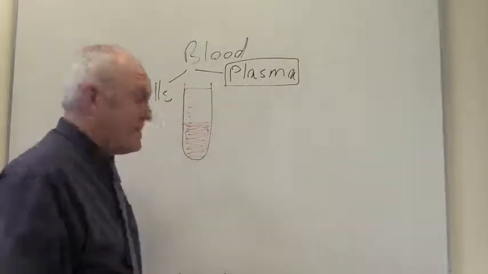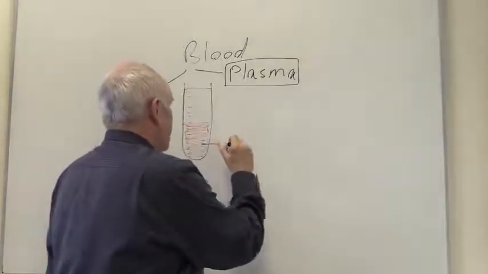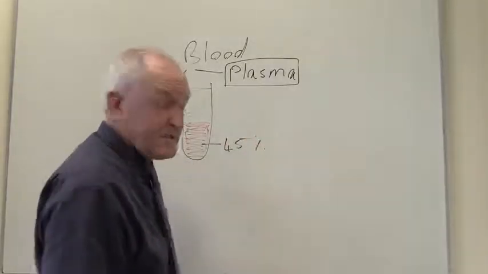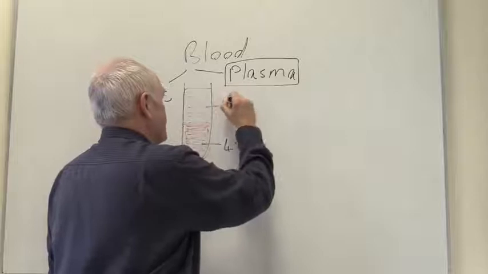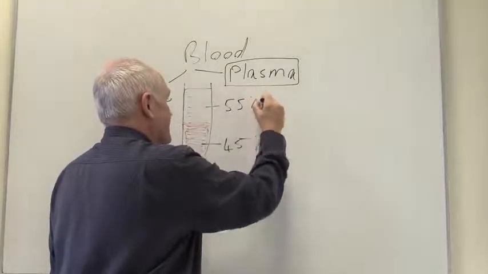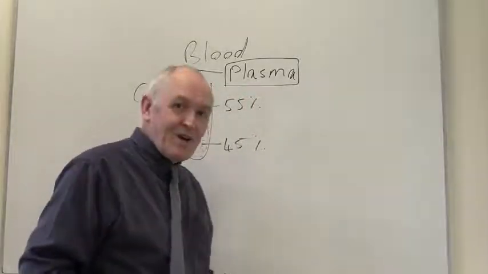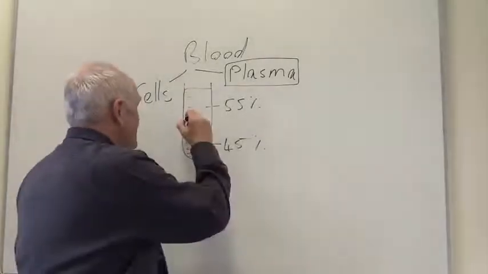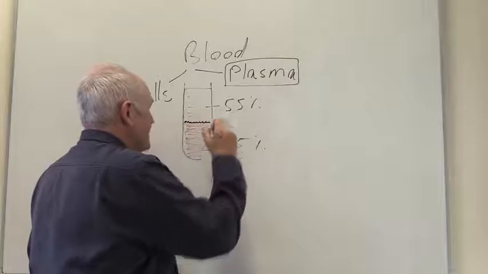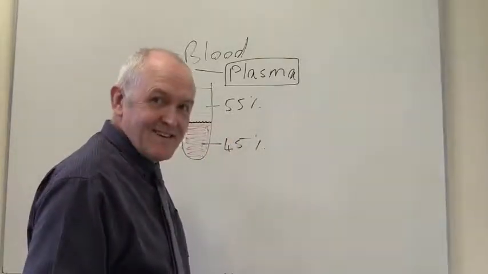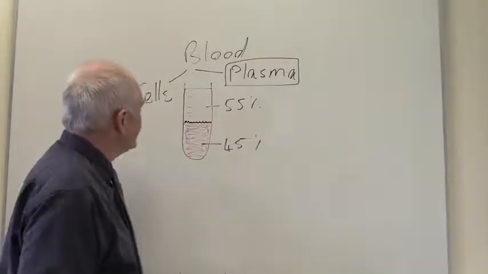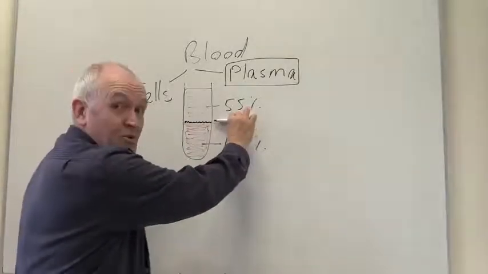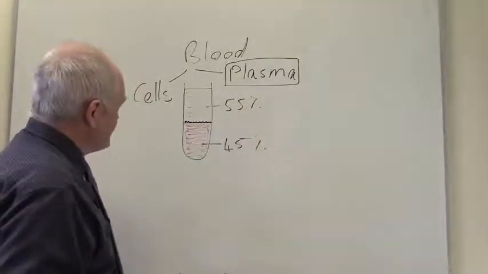And normally there might be about 45% red cells and 55% plasma. But if you look closely, you can often see a very small strip of white cells in between the two layers. And these are 1% or less of the volume.